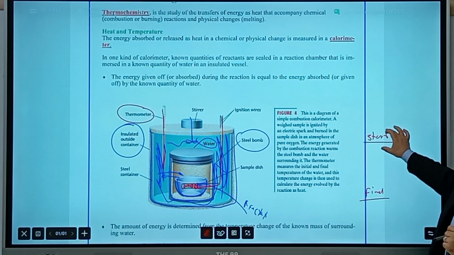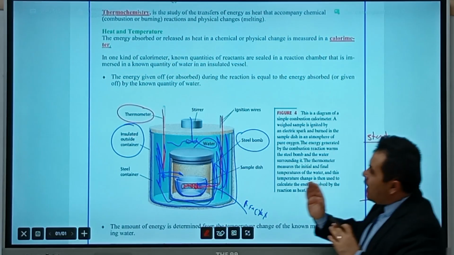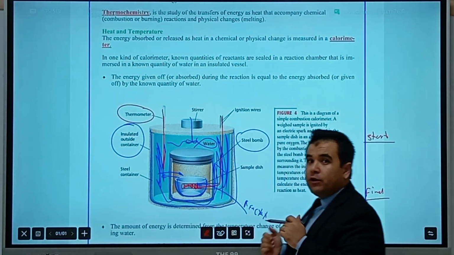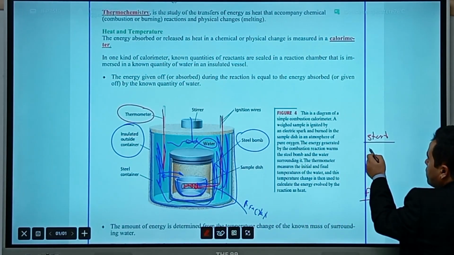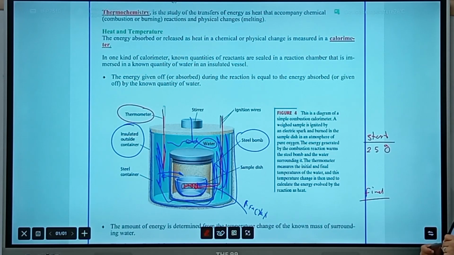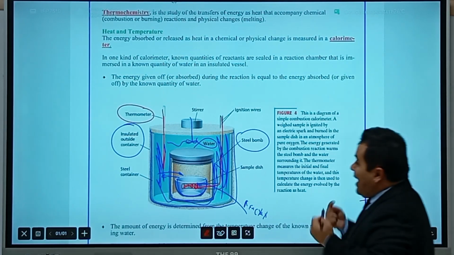At the beginning of the reaction, we measure the temperature of the surrounding water through the thermometer. Suppose it's 25 Celsius initially.